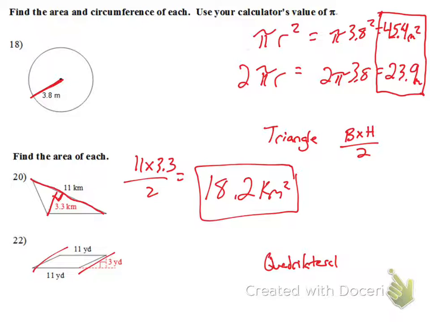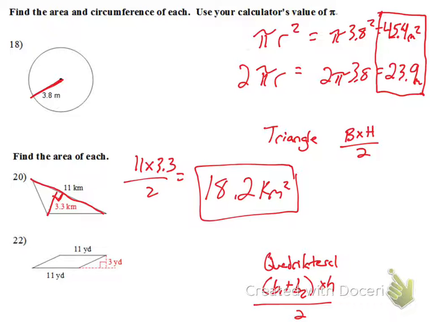All right, this one's a quadrilateral, so it's still base times height. Let me find my equation. My equation for this quadrilateral is going to be base 1 plus base 2 times height over 2.